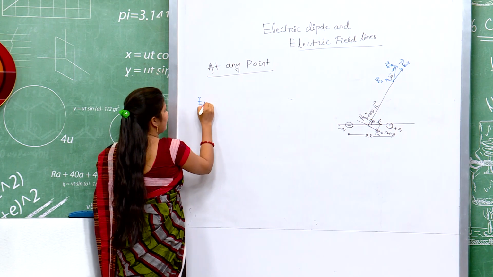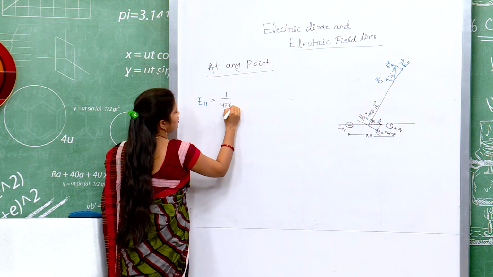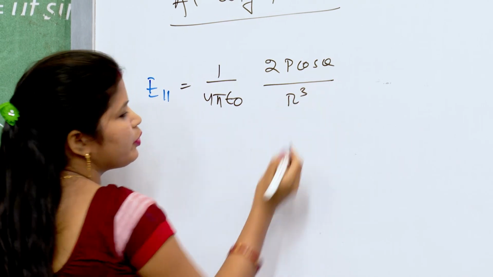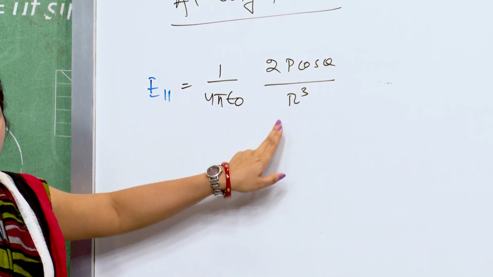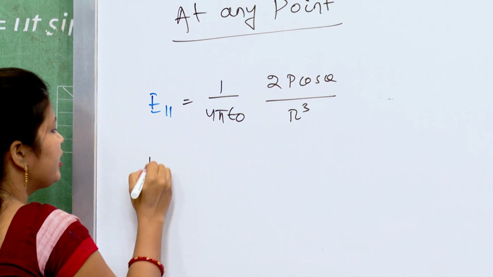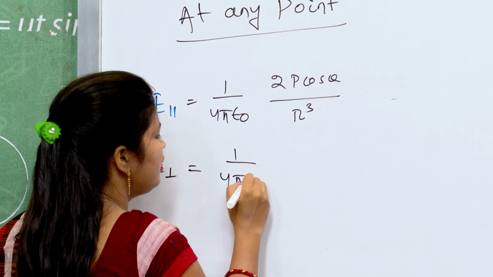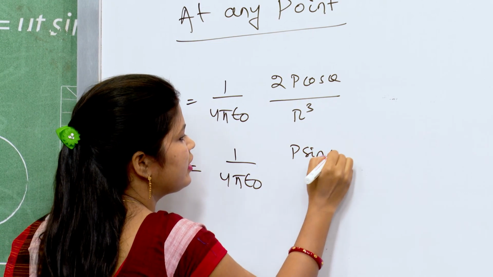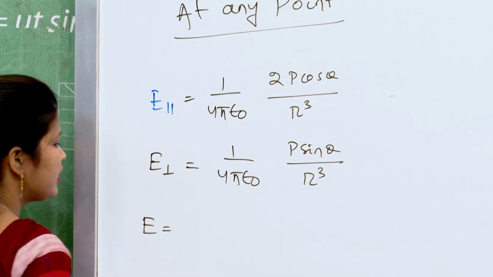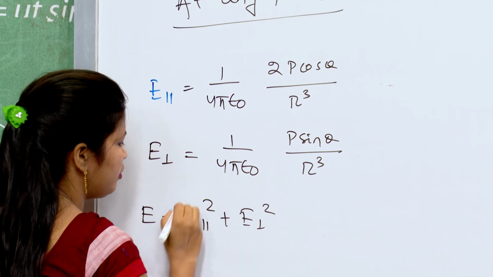E parallel is equal to 1 upon 4 pi epsilon naught times 2 p cos theta upon r cubed, as we know from the axial line, that is 2 k p by r cubed. So 2 k p cos theta upon r cubed. For the equatorial line, E is k p upon r cubed, so 1 upon 4 pi epsilon naught times p sin theta upon r cubed. The resultant electric field is the square root of E parallel squared plus E perpendicular squared.